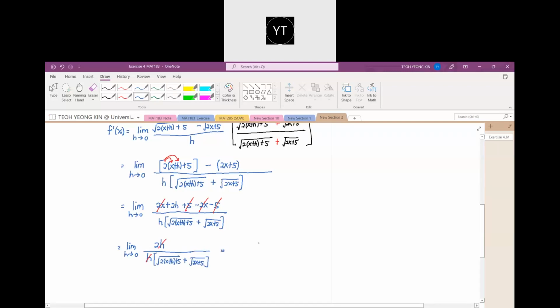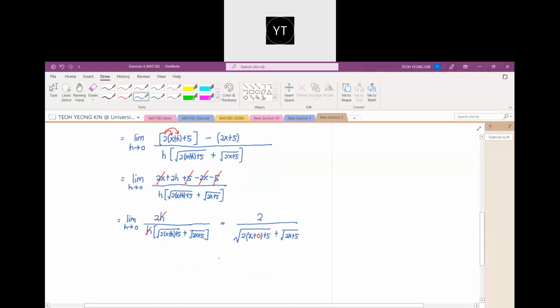So we have 2 over square root of 2x plus h in the bracket. This h we replace with zero. Substitute with 0, and then plus 5 plus square root of 2x plus 5.